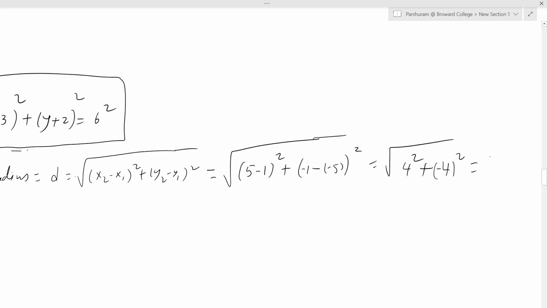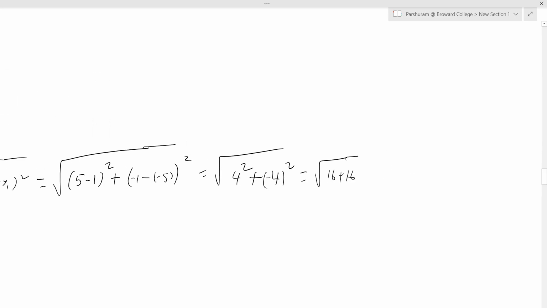So it is 16 plus 16, because the square of a negative is a positive number, so that is the square root of 32, which is basically 4 times the square root of 2 after simplification. So that's the radius. 4 times the square root of 2 is the radius.